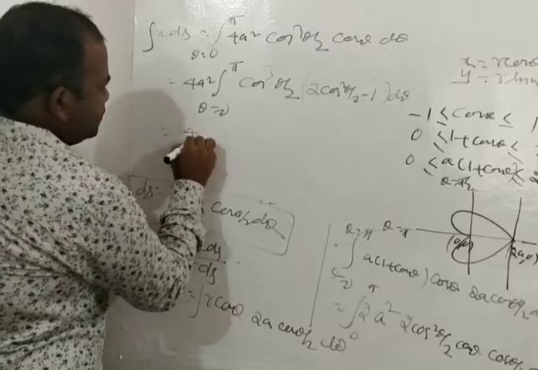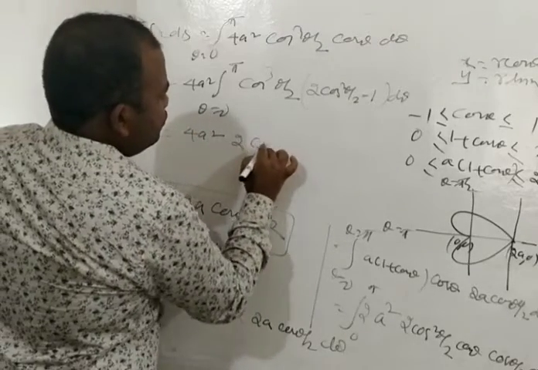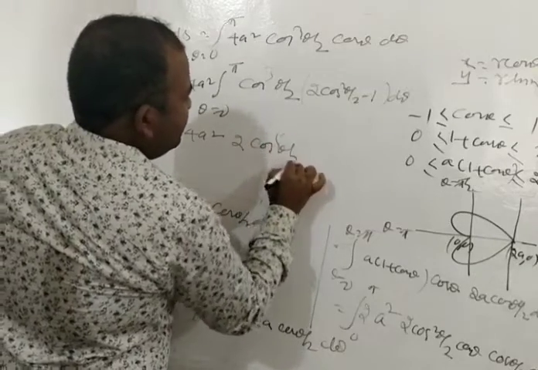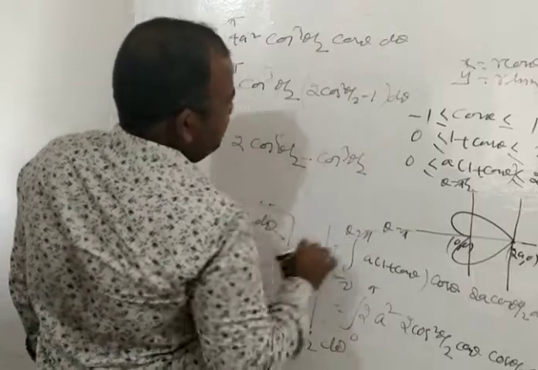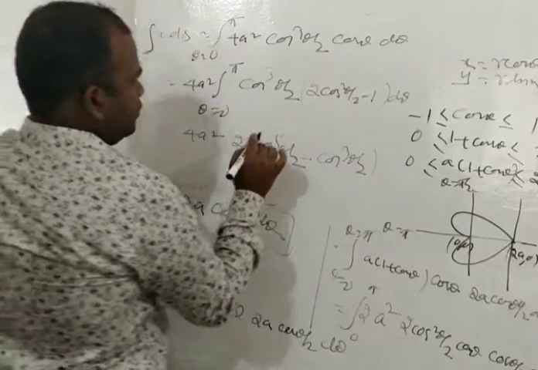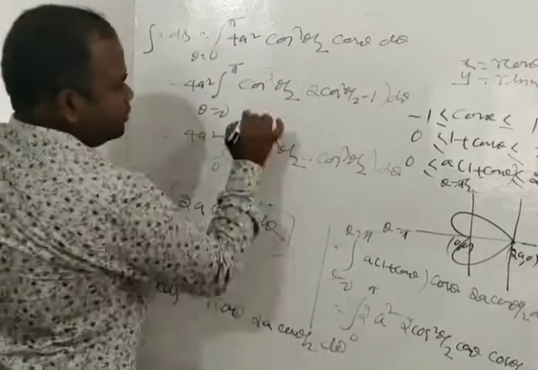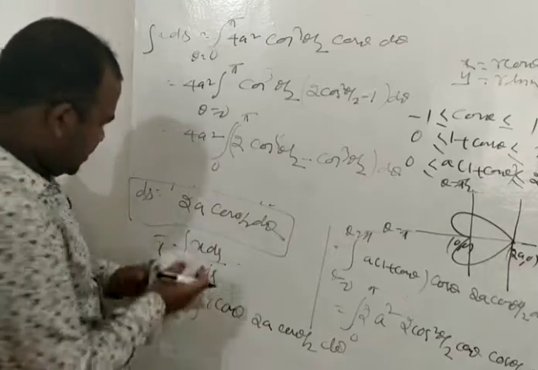So this is 4a square times the integral from 0 to pi of (2 cos to the 5th (theta/2) minus cos cube(theta/2)) d theta.